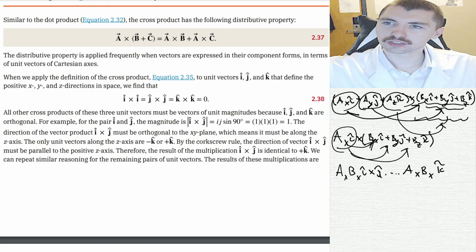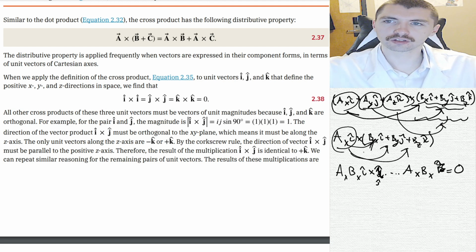So this is actually a J, so equals 0. Okay. So when you cross unit vectors, you get 0. So yeah, that's just the rule, I guess.